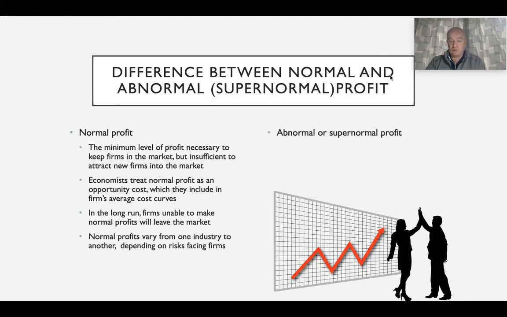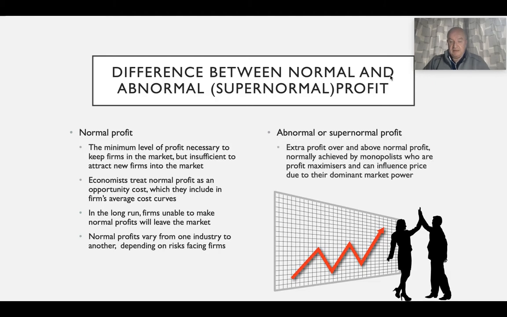If we take a look at abnormal or supernormal profits, then to compare the two, basically any profit over and above normal profit is known as abnormal or supernormal profit, and it's more often than not achieved by monopolists, so people in markets that have got monopoly power, so they are price makers. They can differentiate themselves.